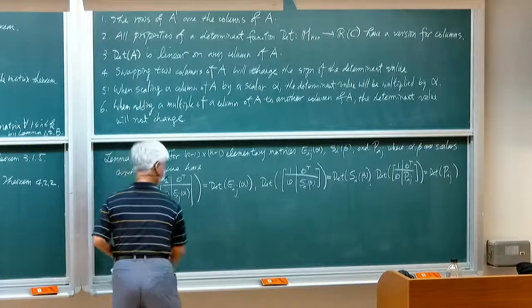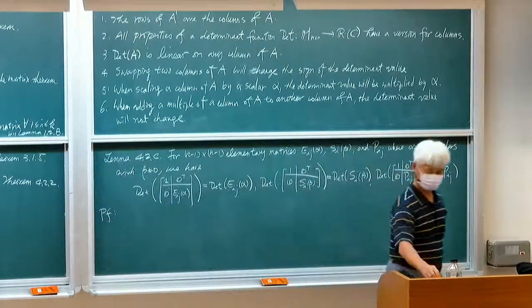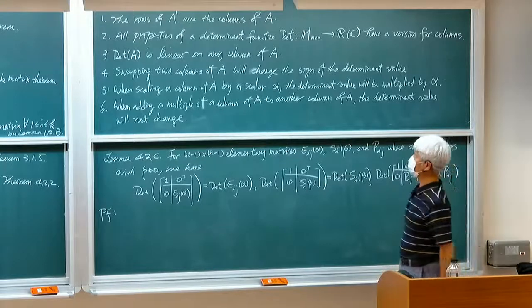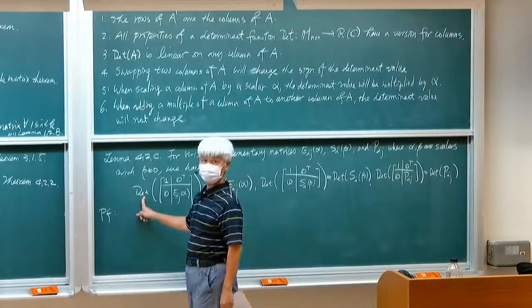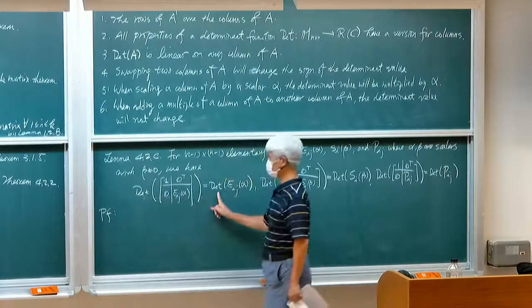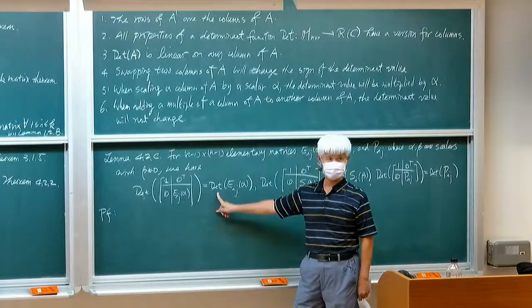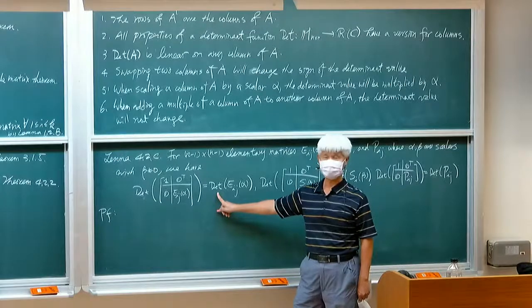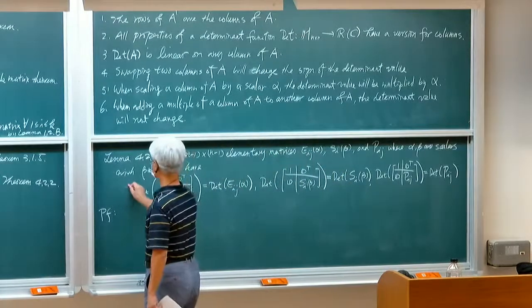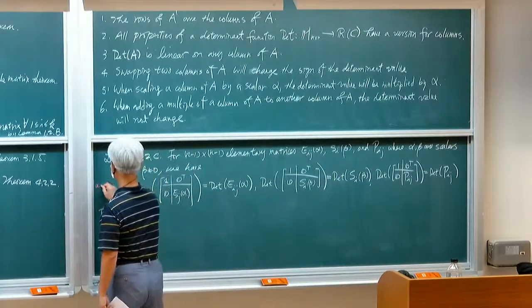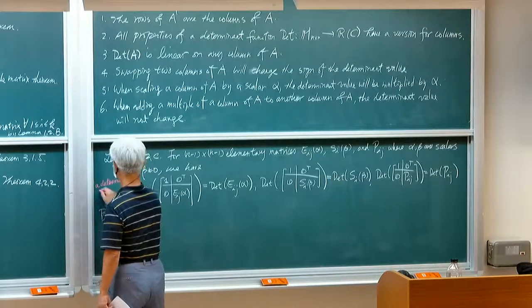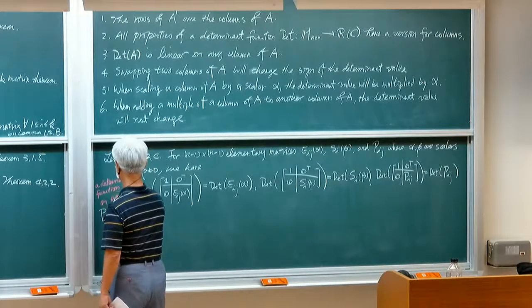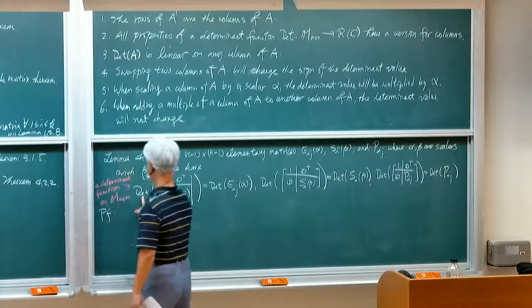Before I go through the proof, I would like you to understand that this determinant function is different from this determinant function. Why? This is a determinant function on what? n by n matrices.